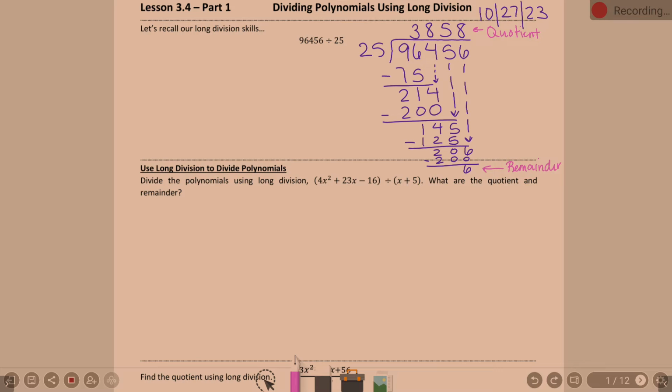What's the other option? Not a remainder, not a decimal, but can we express our answer with a fraction on it? What is it with a fraction? 3,858 and a remainder of 6 over the divisor of 25.